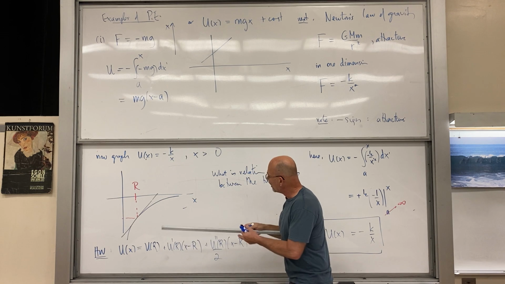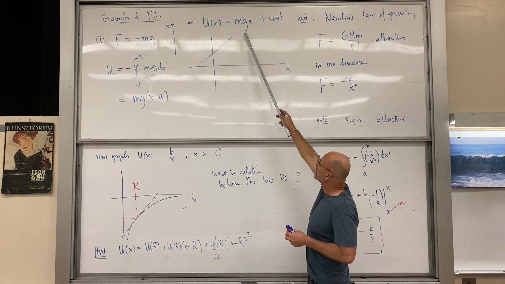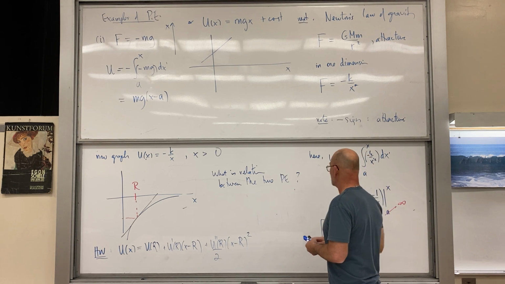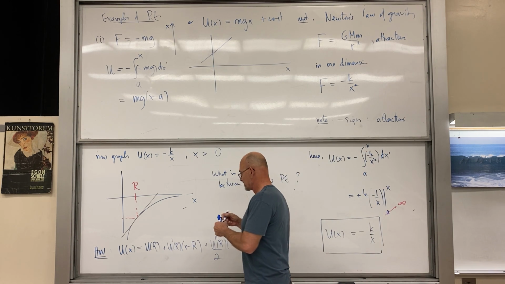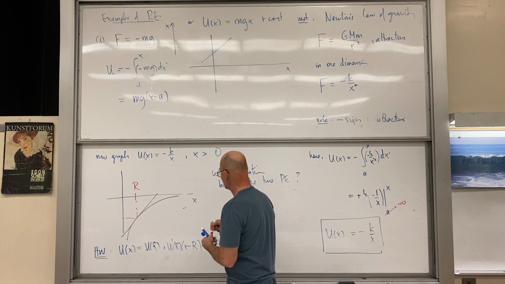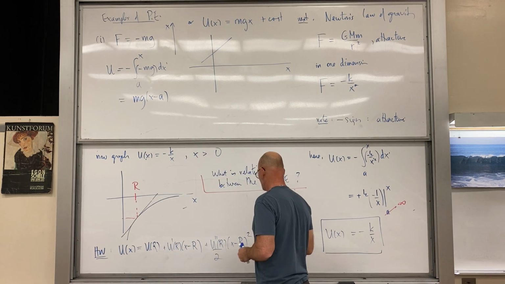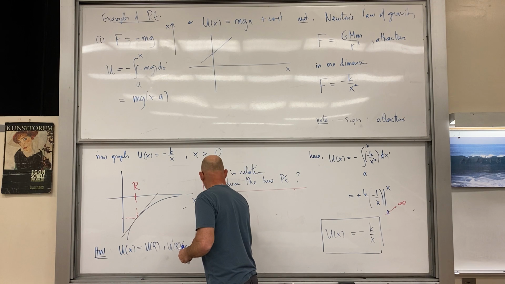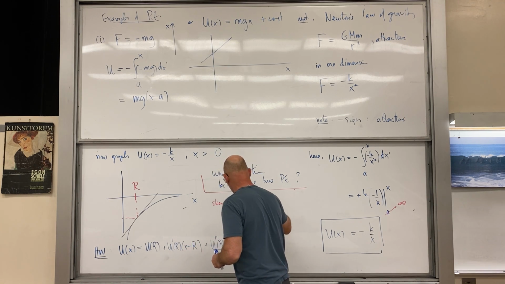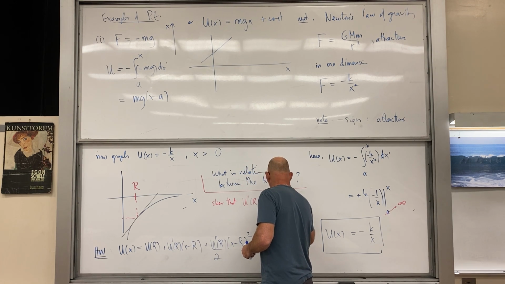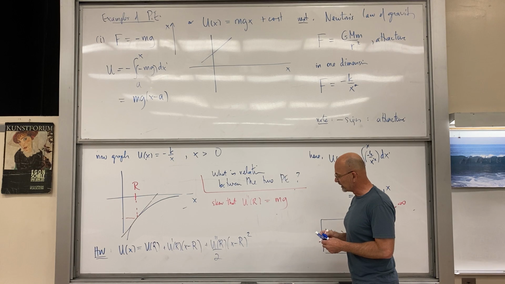Your U prime of r has to turn out to be m times g. And it will. So just to complete this thought, show that U prime of r is equal to mg. That's the relationship between these two.